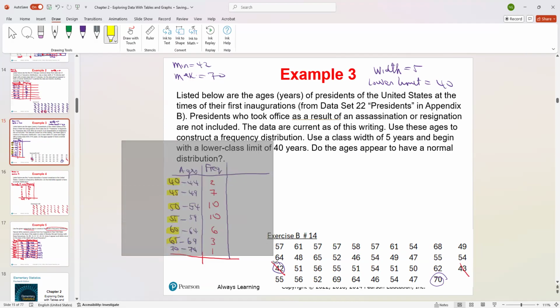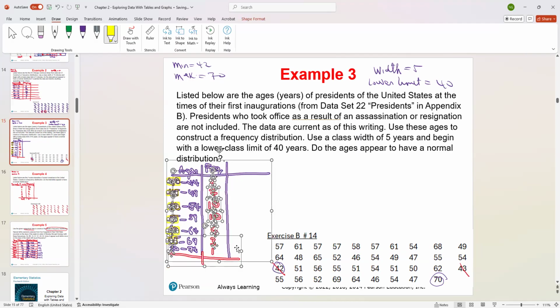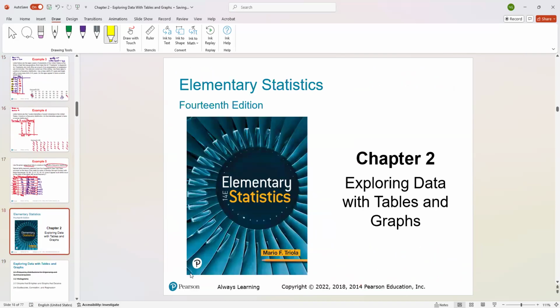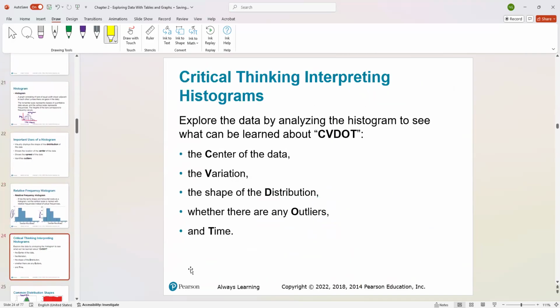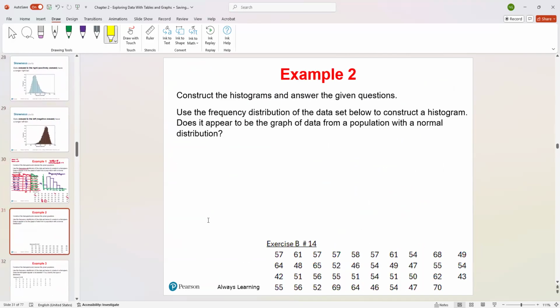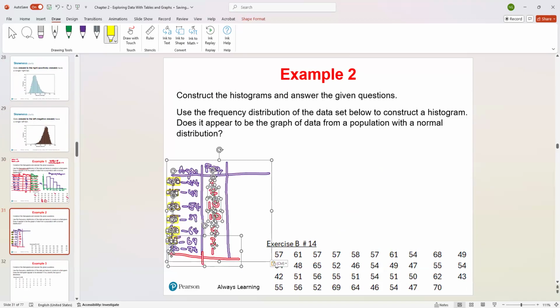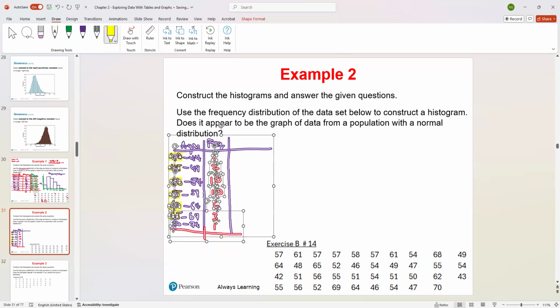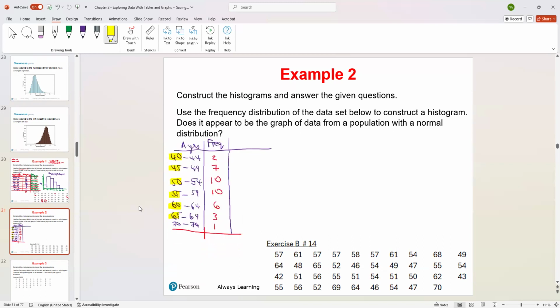So hopefully you got that. Let me copy this. I just want to save time constructing the frequency distributions. If for some reason you really don't get it, I strongly advise you to go back and watch the previous video. All right, this is what it says. Remember from that data set where we talked about age, we did identify the smallest number in that data set.